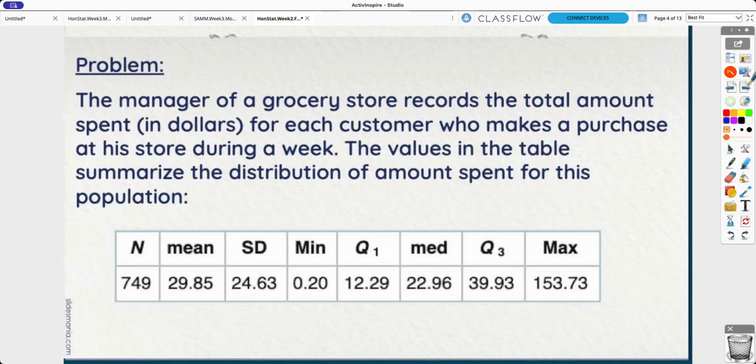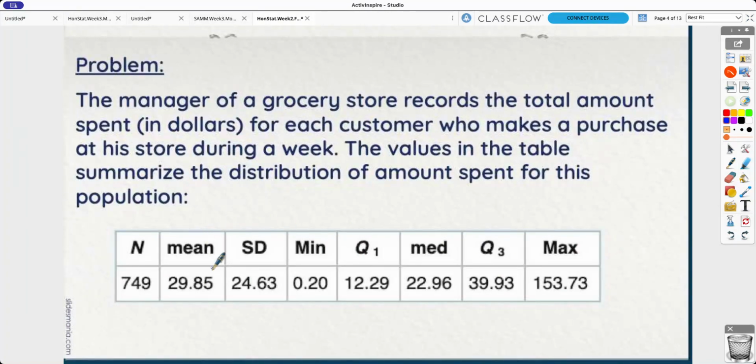Okay, let's take a look at this problem. The manager of a grocery store records the total amount spent in dollars for each customer who makes a purchase at his store during a week. The values in the table summarize the distribution of amount spent for this population. So these are the values in the population.